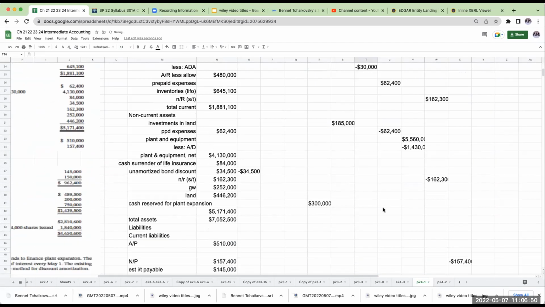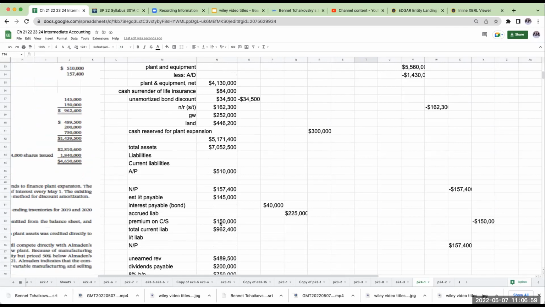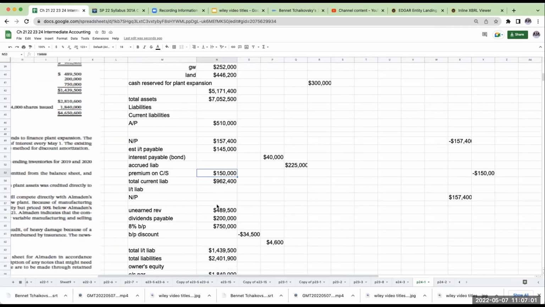Okay. So now as I look at this over here, I've got accounts payable, notes payable, income taxes payable, premium on common stock. I've dealt with that. My current liabilities. Okay, so I've got notes payable. Right over here, both unearned revenue and dividends payable cannot be long-term.